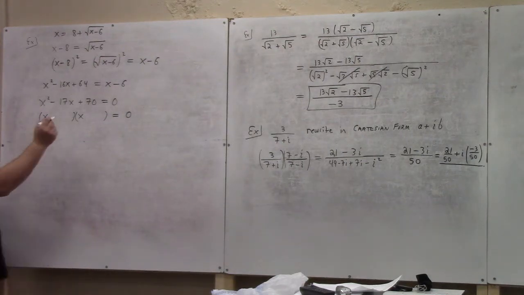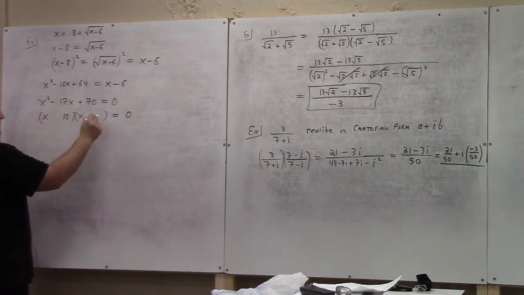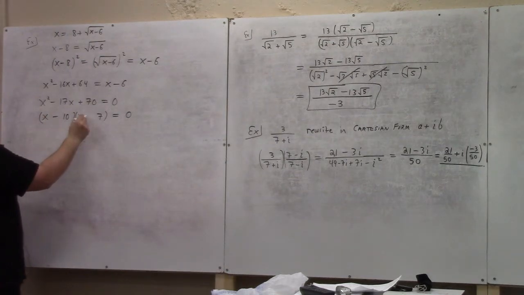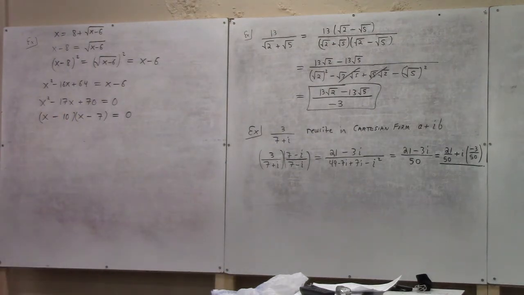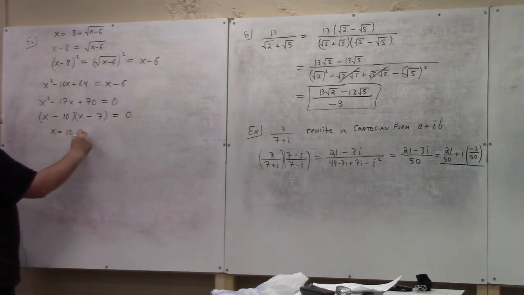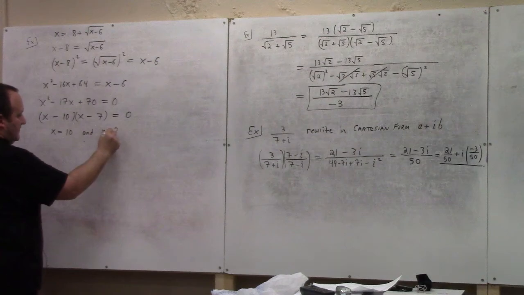All right, 10 and 7, plus or minus? Minus and minus, right? So x equals 10 and x equals 7.